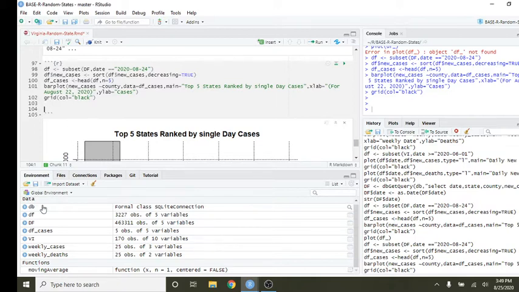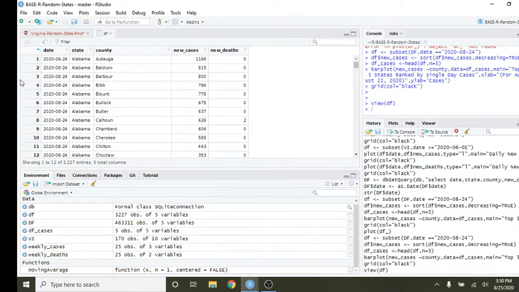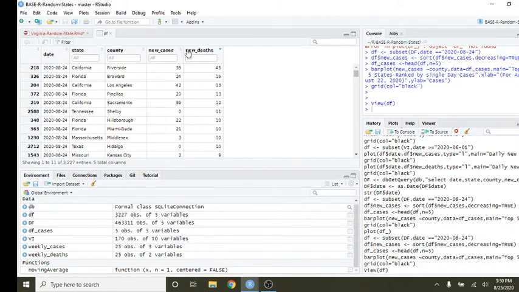Well, you know what? We should be able to see it. Let's just do this. Once again, for some reason, I don't understand it.